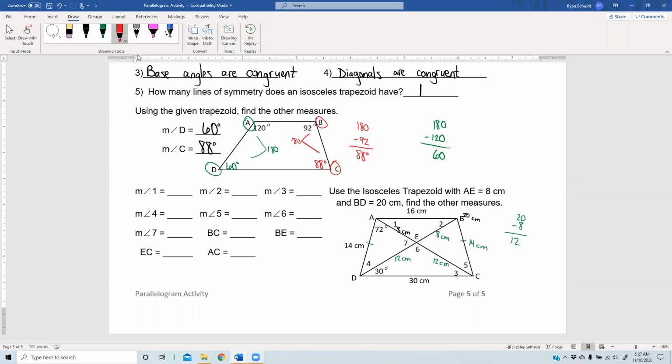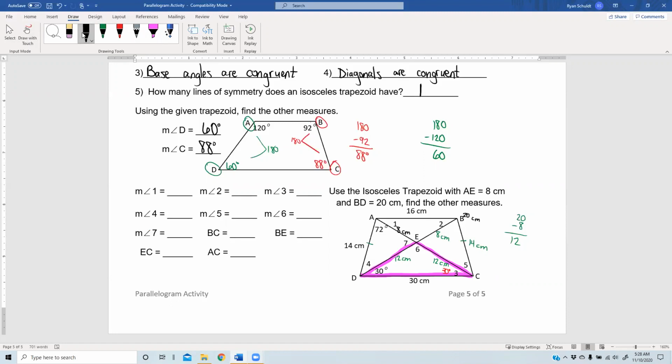Now let's turn our attention to angles. So this one is 30. That means 3 down here has to be 30 degrees. Well, let's focus for a second just on this triangle right here. I got 30 and 30.